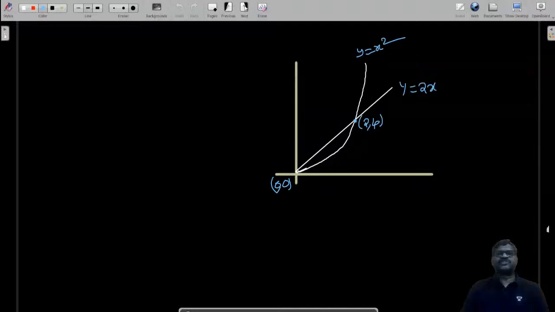Lower limit is x square, upper limit is 2x. So he has taken vertical strip. Now we have to change the order. To change the order, we have to take horizontal strip. In the same region, we have to change the order of integration by taking horizontal strip.